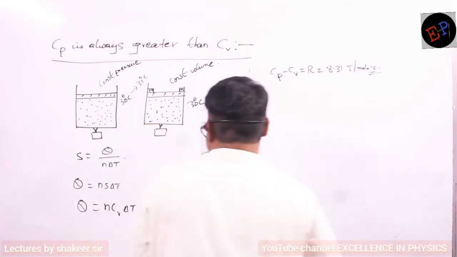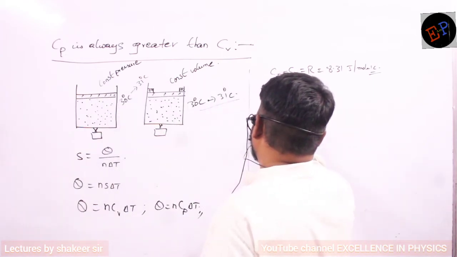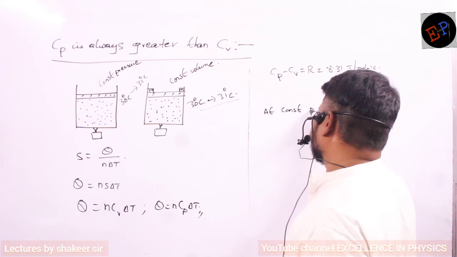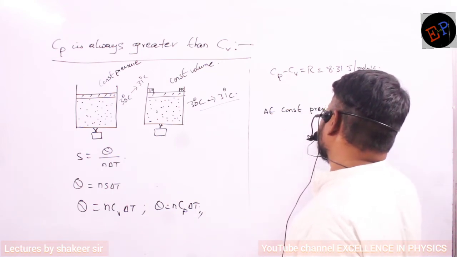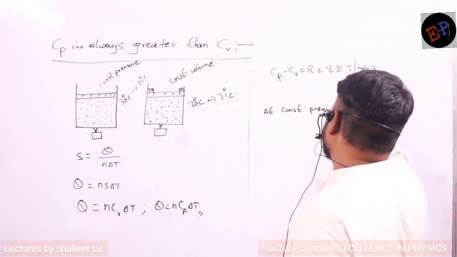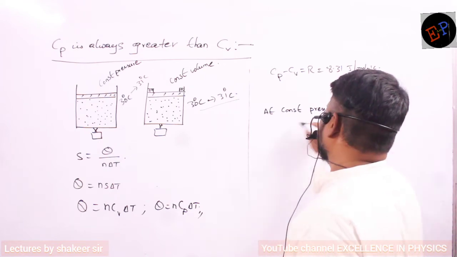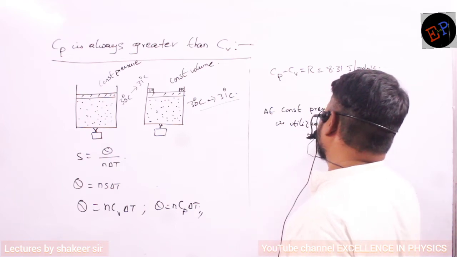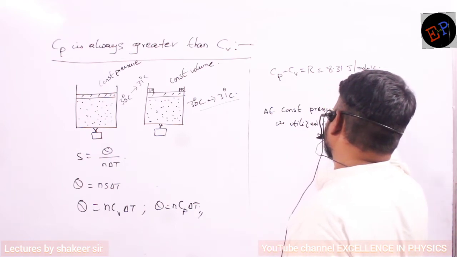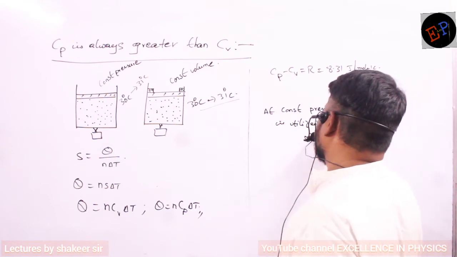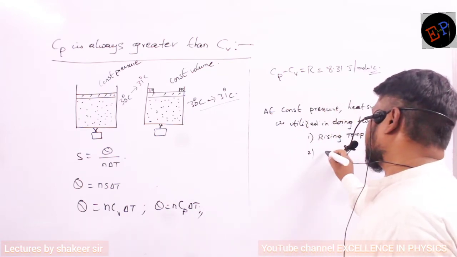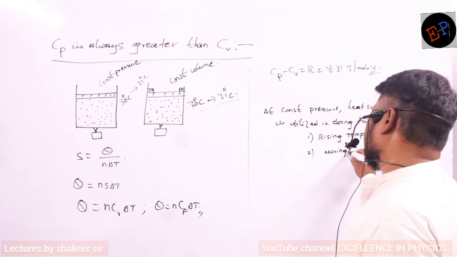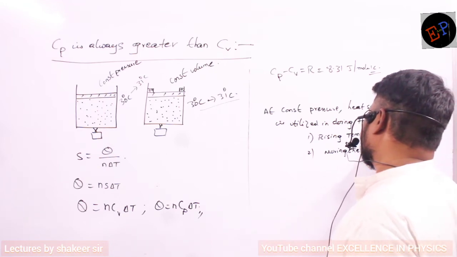So at constant pressure, heat supplied is utilized in doing two things. One is raising temperature, and the second one is lifting the piston upwards, or moving the piston upwards.